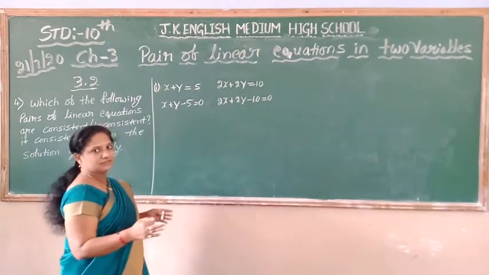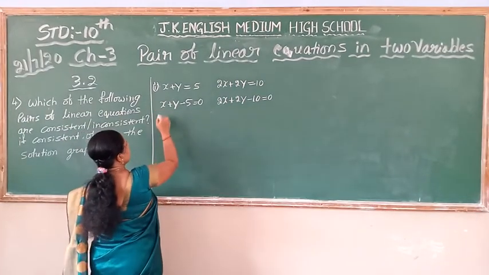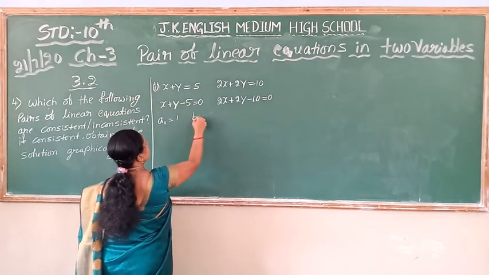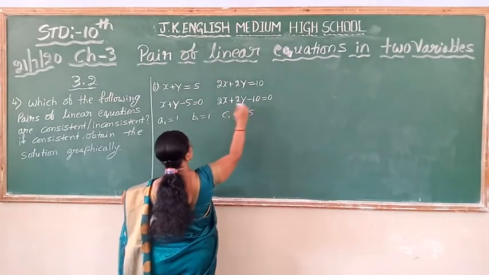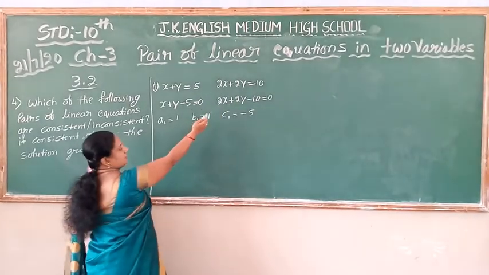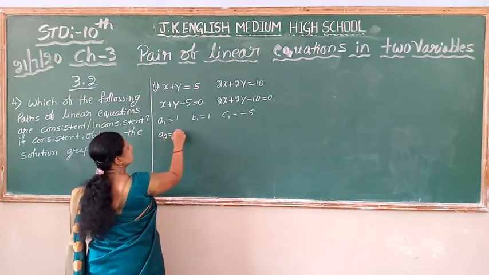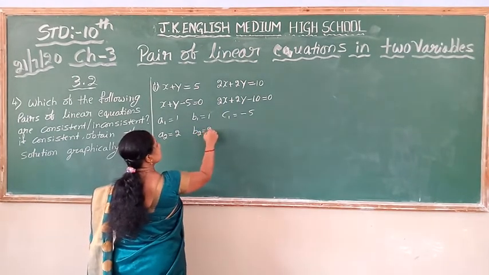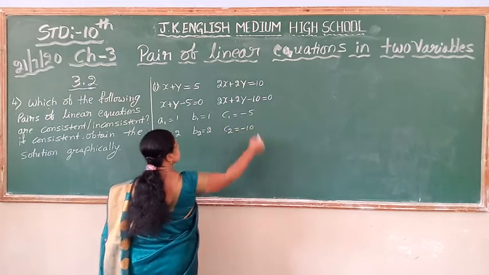Then I write the coefficients. a1 is 1, b1 is also 1 and c1 is minus 5. In the same way, the numerical coefficient of x is a2, that is 2, the coefficient of y is b2, that is also 2, and the c2 value is minus 10.